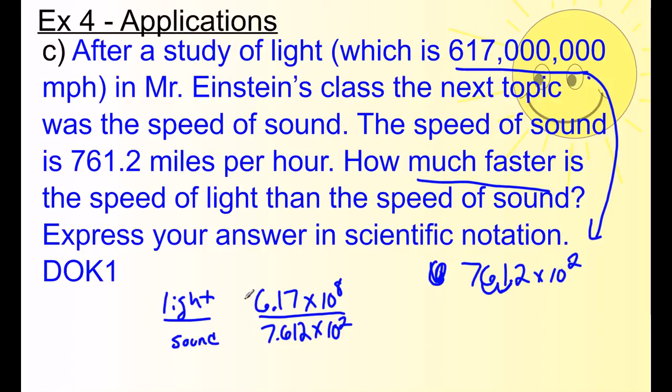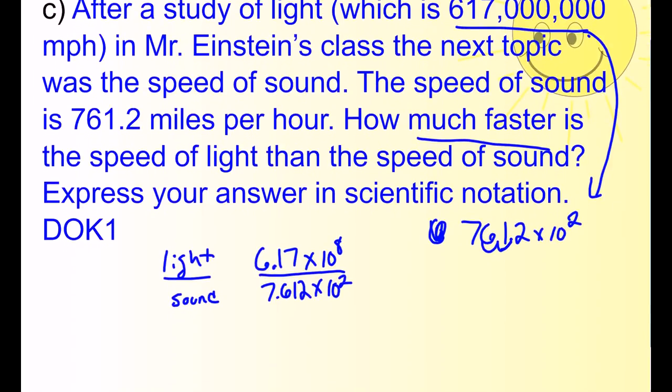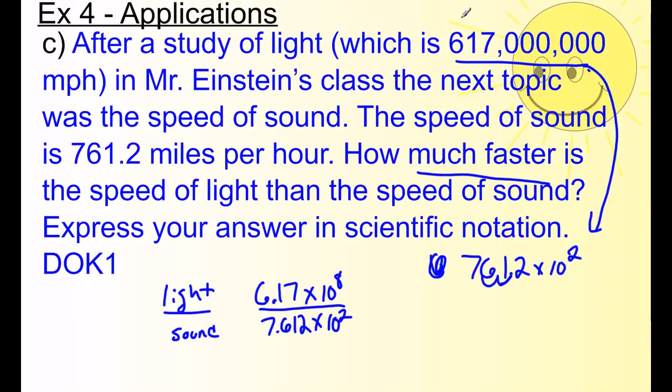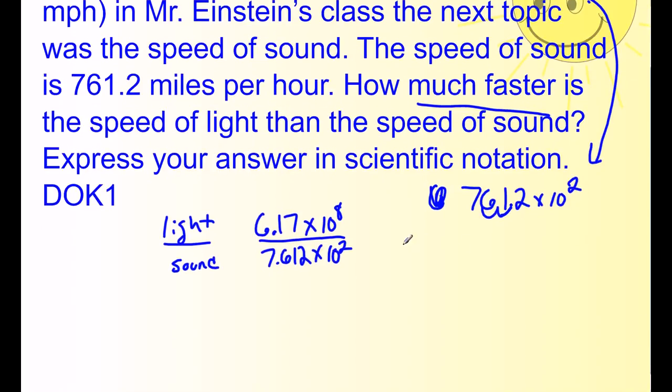Now if I simplify this ratio, if I divide it, I'll find out how much faster the speed of light is than the speed of sound. And by the way, I looked it up. The speed of light is actually 671 million, not 617 million. But we'll continue with the problem the way we have it.